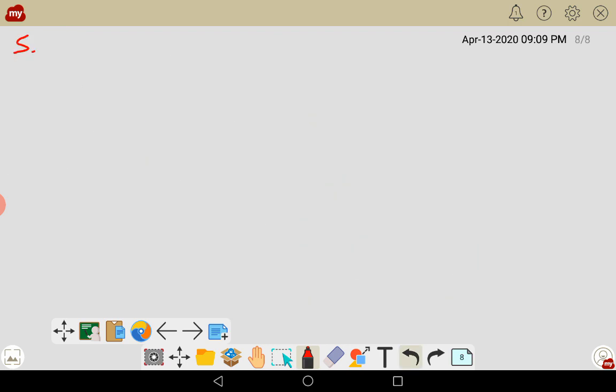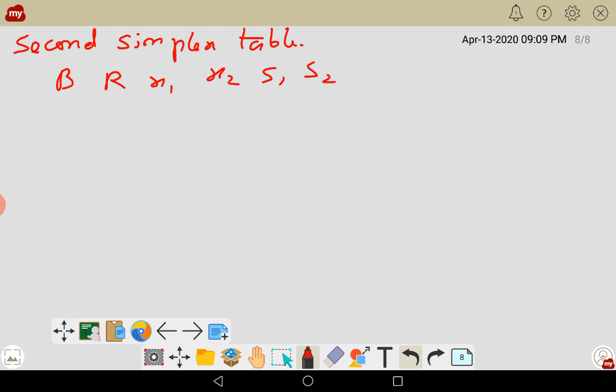So, second simplex table. Let's write again B, R, x1, x2, s1, s2, s3. There may be a ratio we are finding if there is a leaving variable, right?